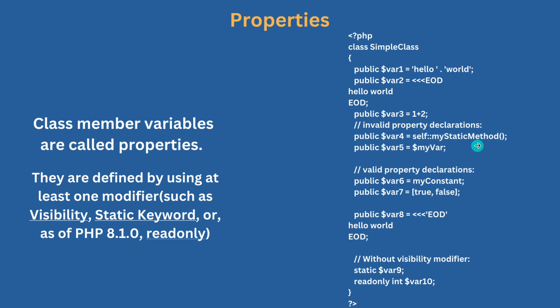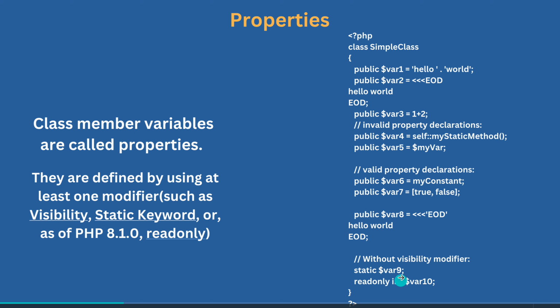You write self and assign by calling some method from here. Properties do not allow that. Similarly, you can't put some variable in this property, right? A property's value can be a constant, true or false, and also can be a nowdoc. This is the nowdoc, right?